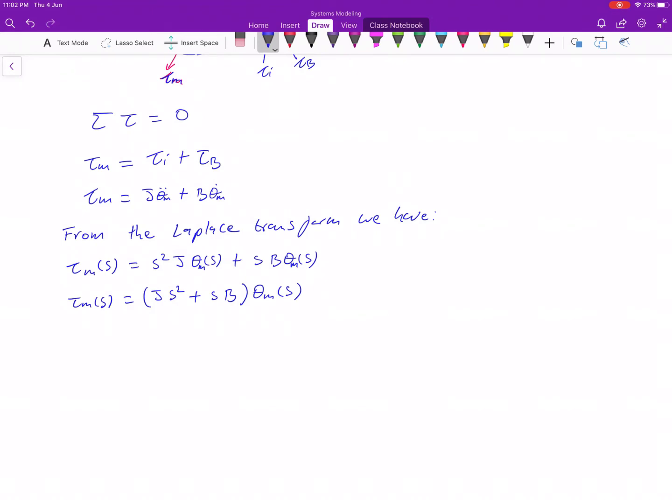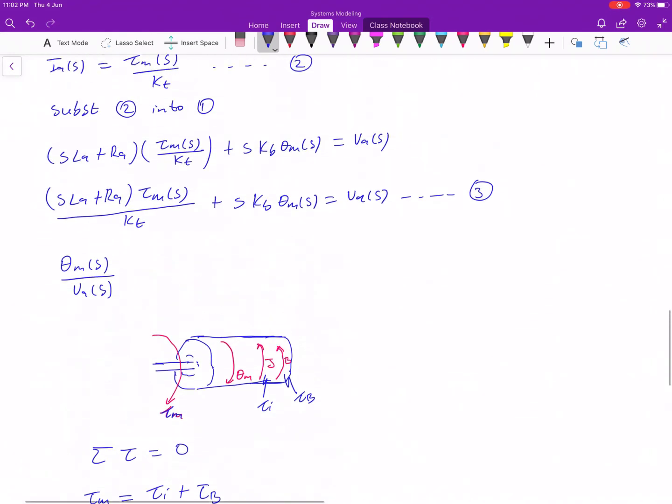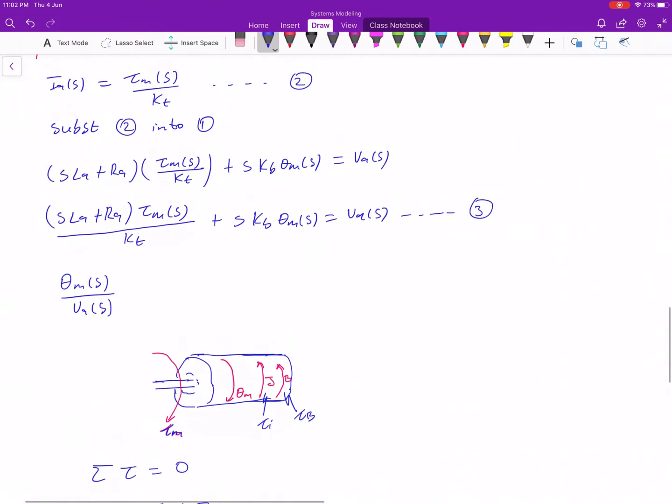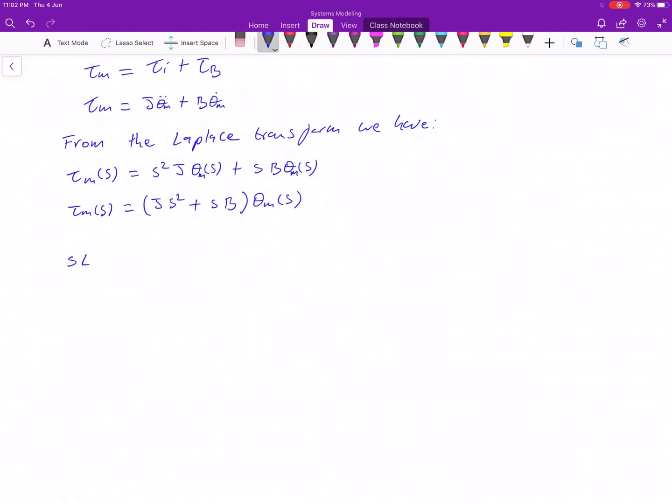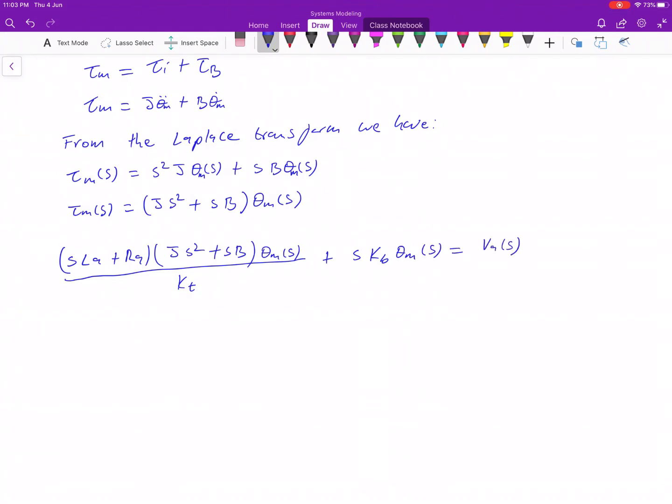If we substitute this equation into equation 3, where the torque is, we are going to have s times the inductance plus armature resistance times J s squared plus s times B theta M of s over KT plus s KB theta M of s is equal to our applied voltage.